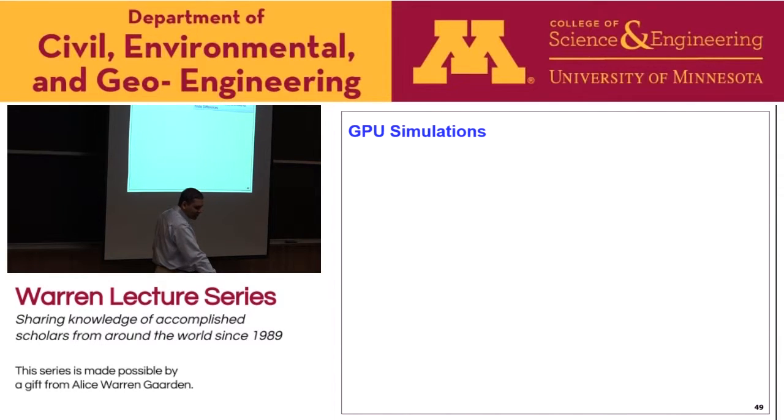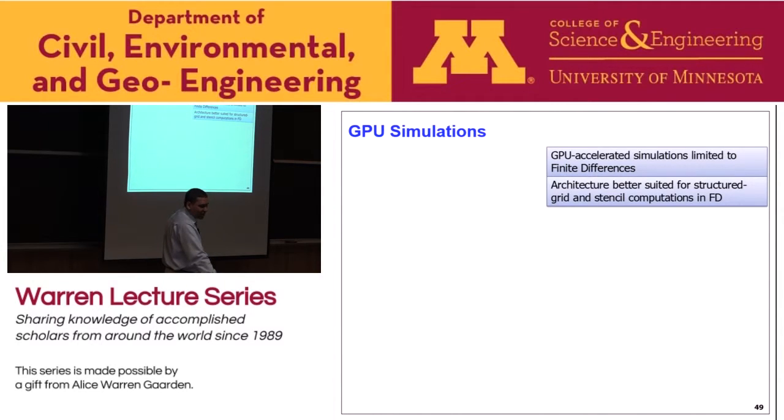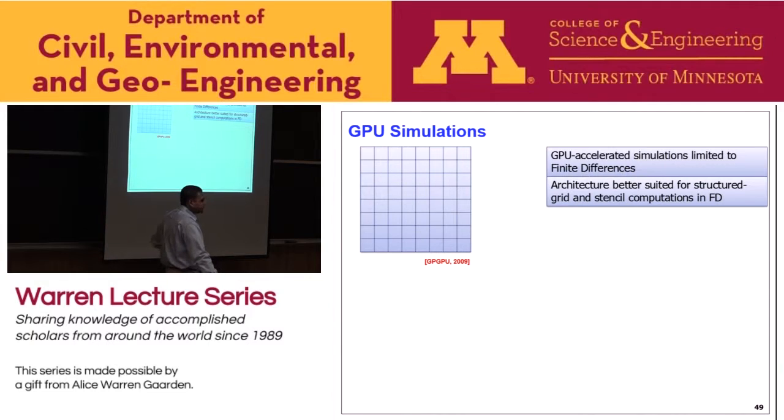Going further, one thing I feel is still not currently done is how GPUs can be used in simulations. Mainly GPUs are limited to finite differences until now. And the main reason is that the architecture that I showed is essentially suited for what are called stencil computations, which is perfectly suited for finite difference.